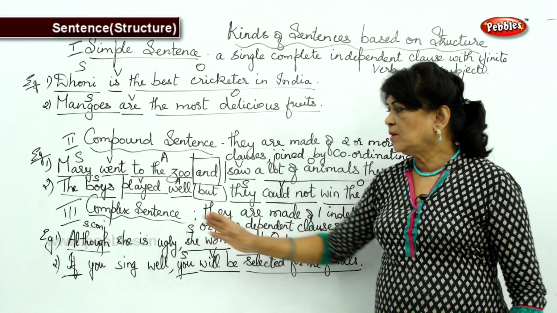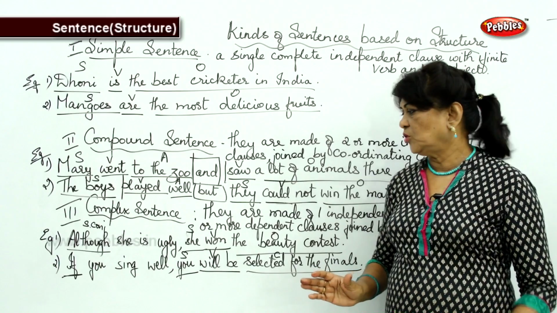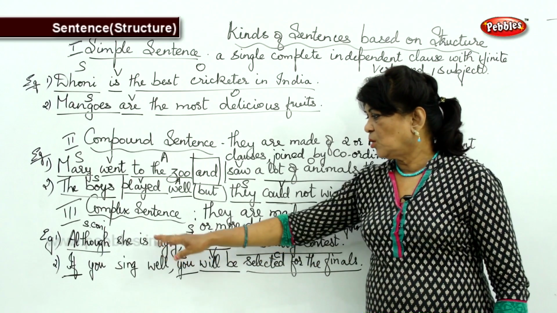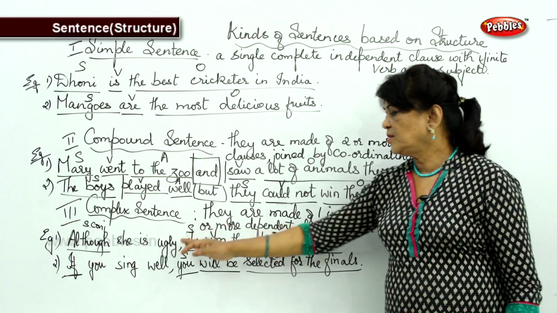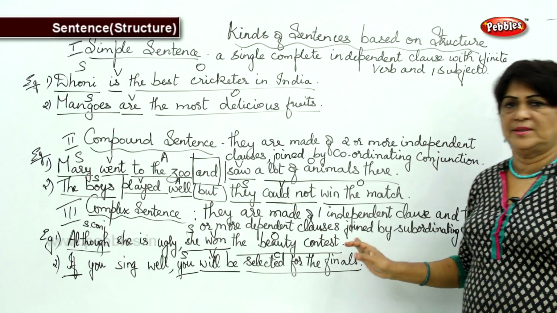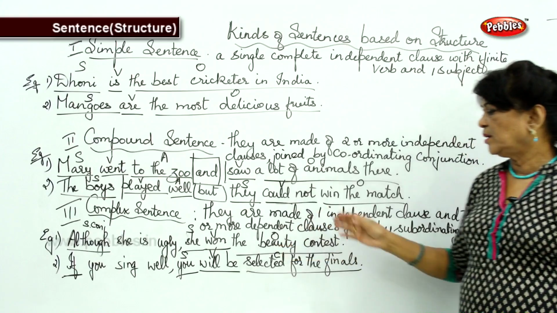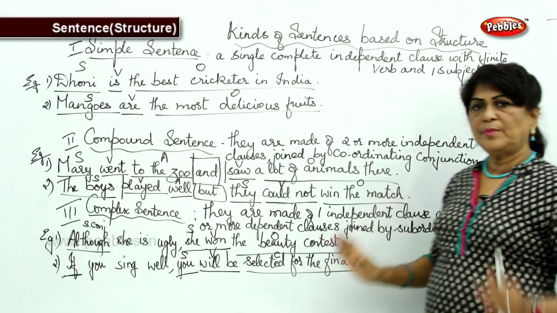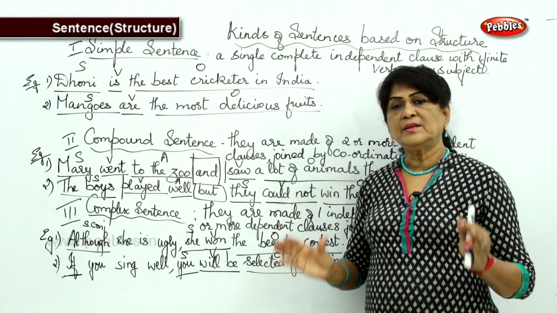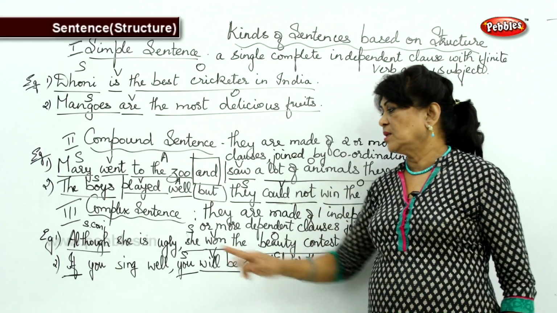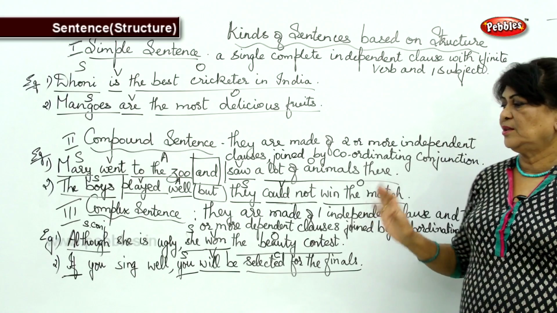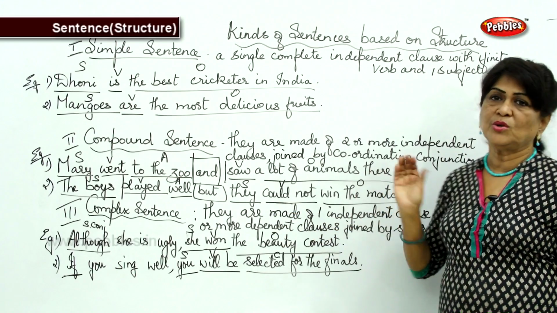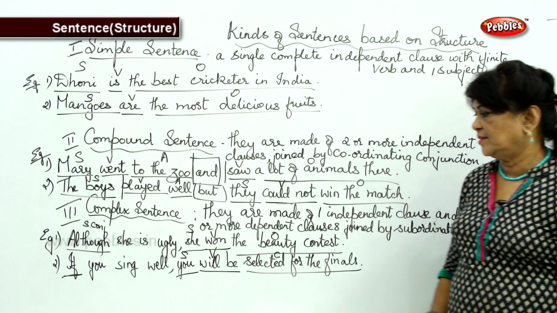Now, although is a subordinate conjunction and "although she is ugly" doesn't make complete sense. It has to depend on this part of the sentence. She won the beauty contest. That makes complete sense and it is an independent clause and this is a dependent clause. So, it makes the whole thing a complex sentence.